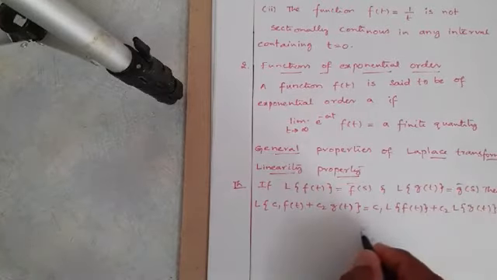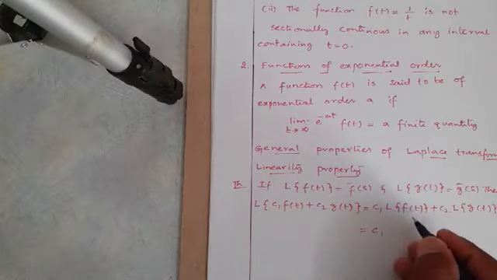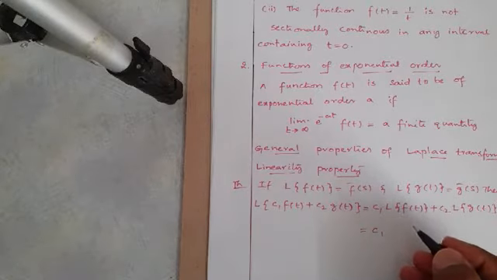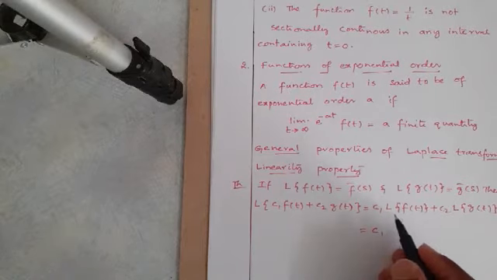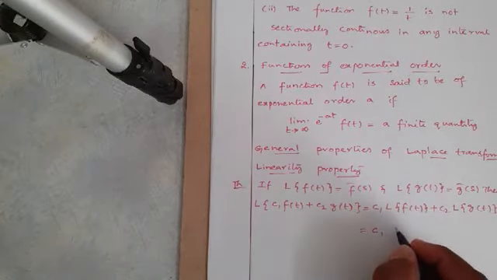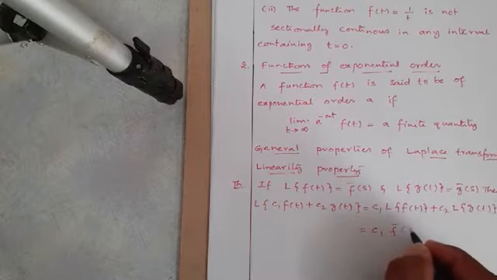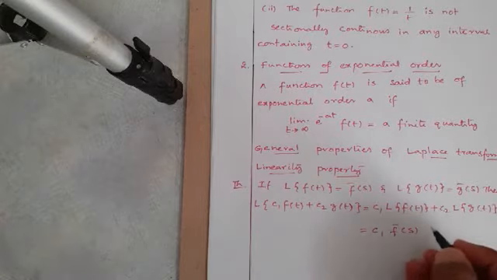This can also be written as c1 f bar s plus c2 g bar s. In the starting of the topic, I have told you that when Laplace is applied to the function of t, you will get f bar s. That is, a function f of t is transformed to a function of s.